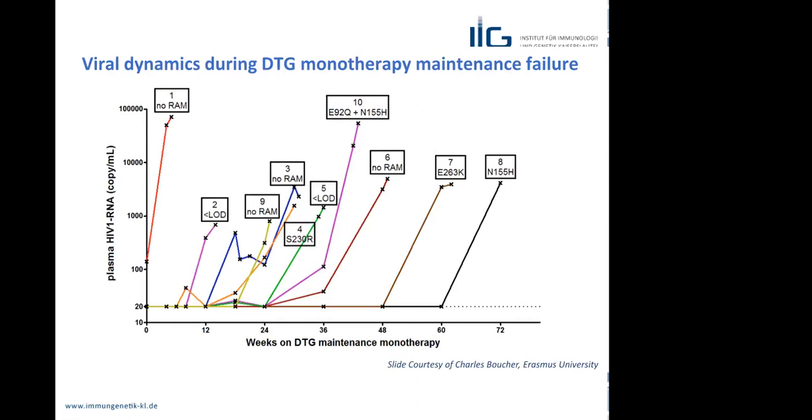And dolutegravir, the most potent drug we are using in our days, can be affected by drug resistance. It's quite clear from dolutegravir monotherapy attempts, treatment regimens, and you do see that there is failure without drug resistance, like we have seen for several years for protease inhibitors.